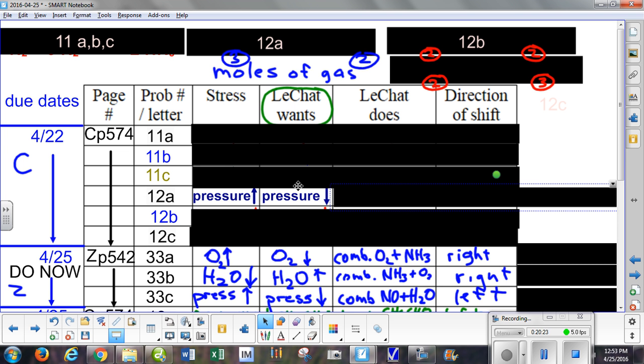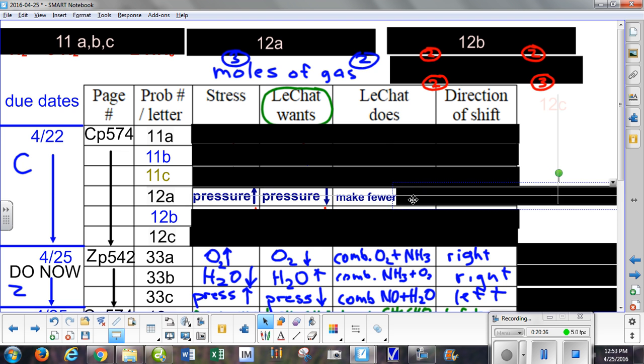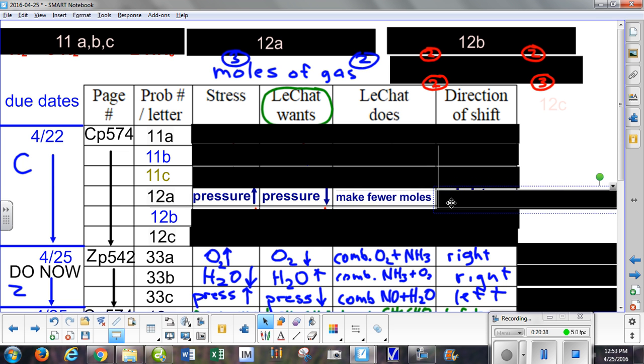When we're talking about pressure, how do we decide where we're going to get the relief? Moles. Which side has the fewer moles? The left side has fewer moles, and to make fewer moles, we're going to have to put together the side that has more moles.